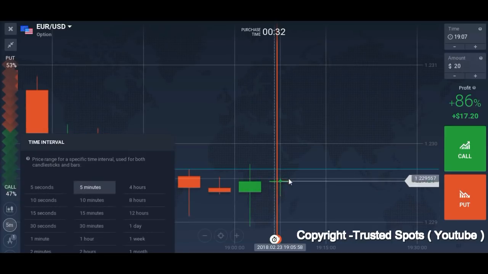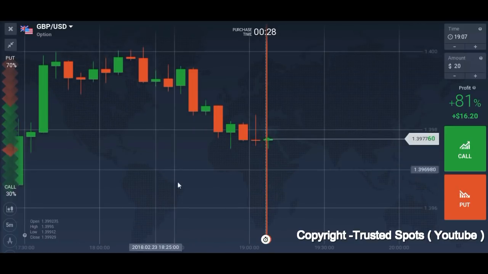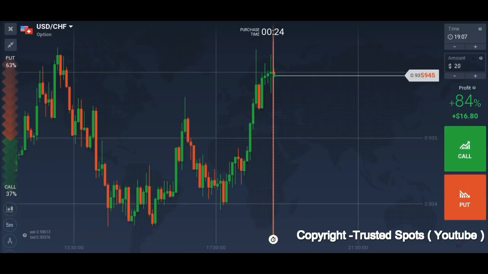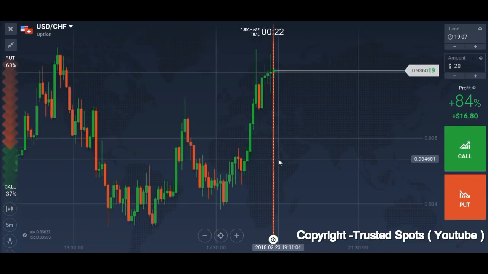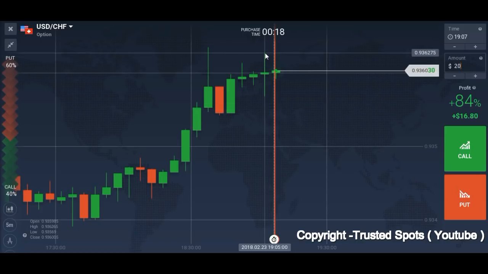So now let's find one more trade. Let's first find out the trade. Here you can see the wick size is very large, and so I will not prefer trading these kinds of charts.